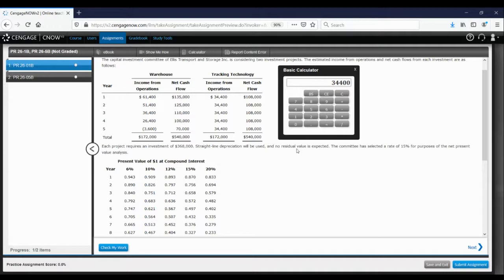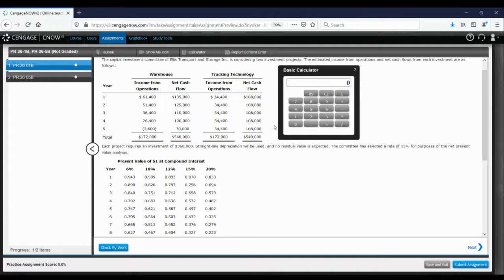So there are really 2 parts to determining the average rate of return. The numerator part we just found was 34,400, and that's what we call the estimated average annual income. And what we'll have to do is divide this amount by the average investment.